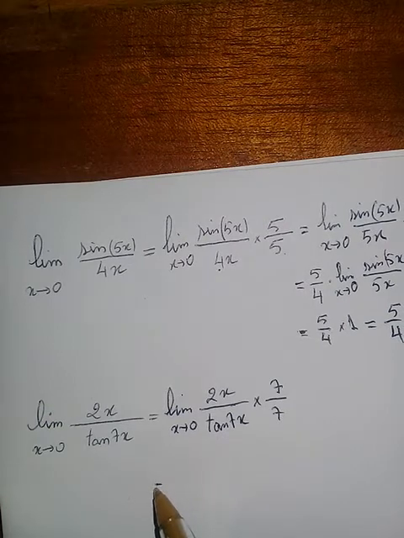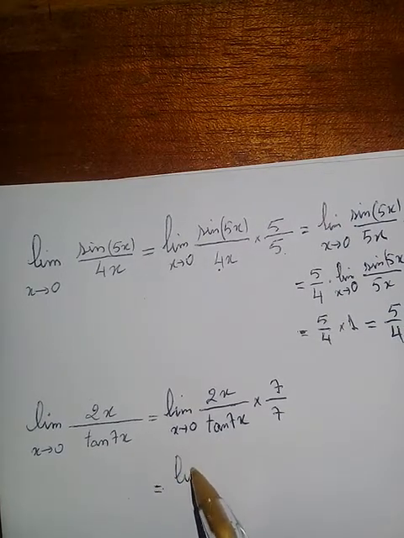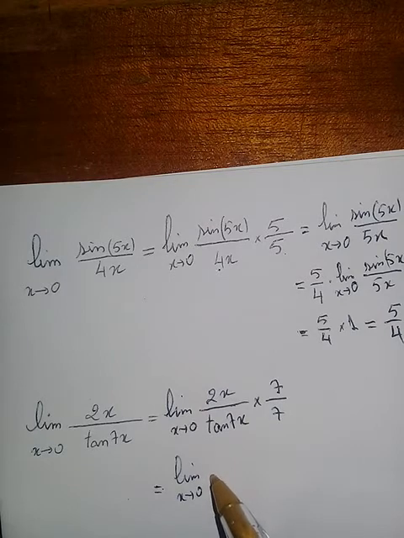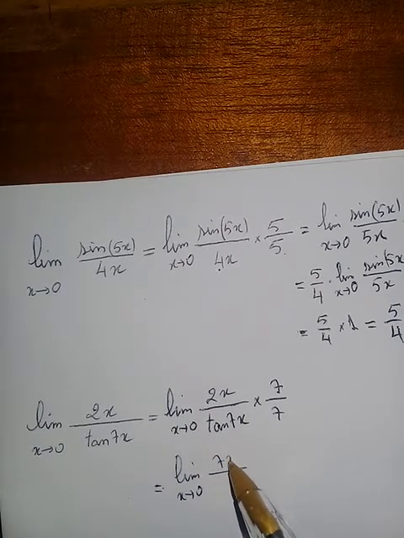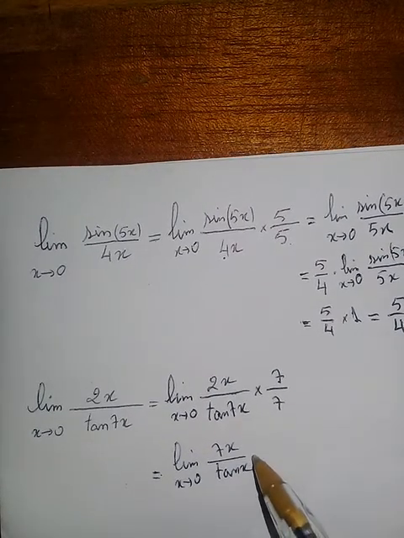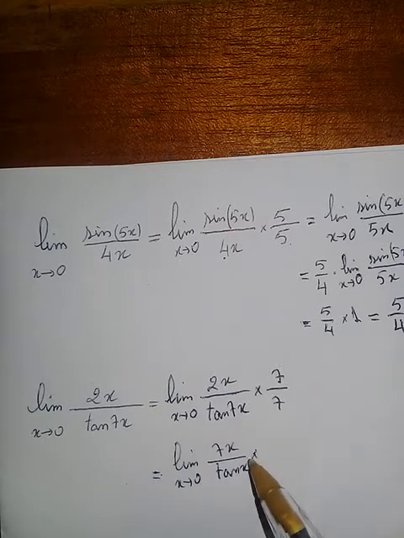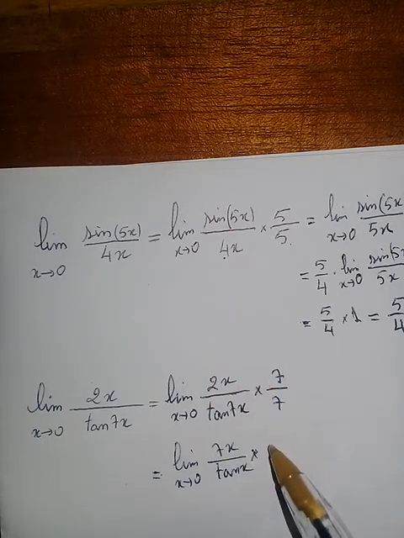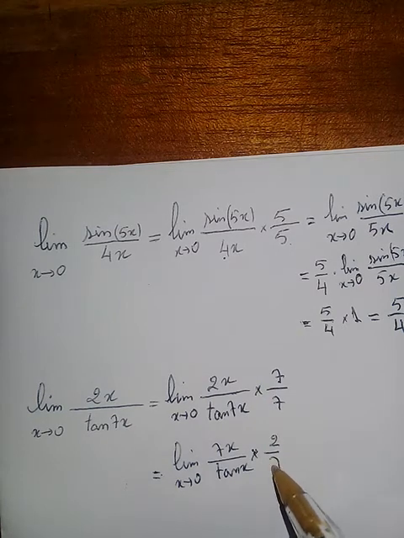So it's the limit x approaches 0 of tan 7x over 7x times, don't forget that I switched the places, 2 over 7.